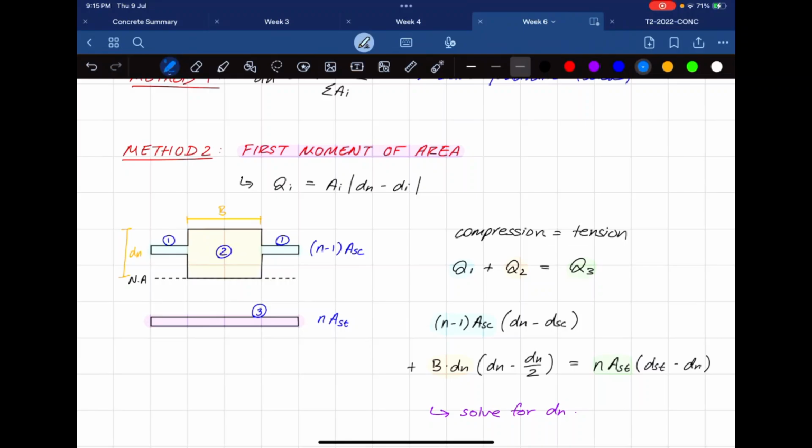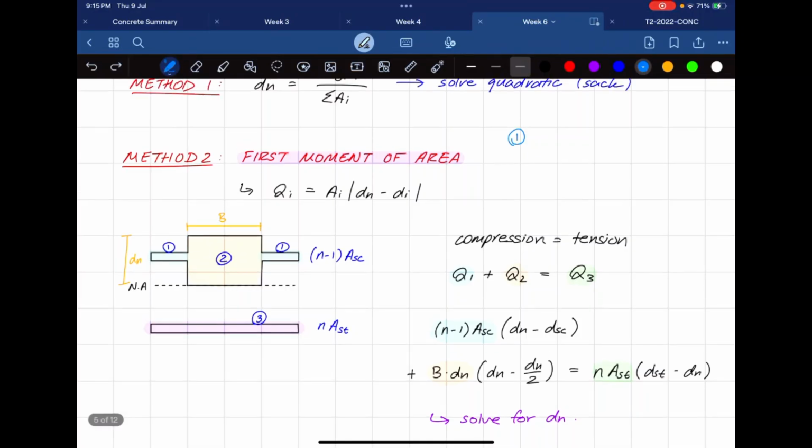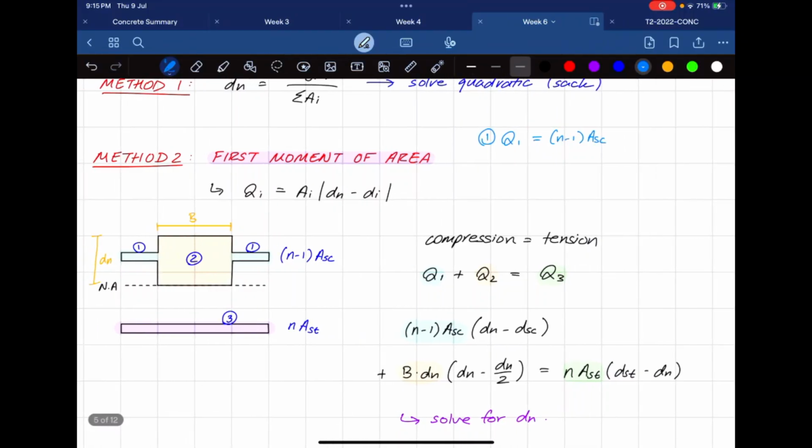Each one of these components, so component 1 that I've written over here is the compressive steel. Q1 is going to be equal to, you take the area, which is n-1 ASC, and you multiply it by dn, which we don't know, minus di. So the distance to the centroid of the bars, which is usually just DSC.